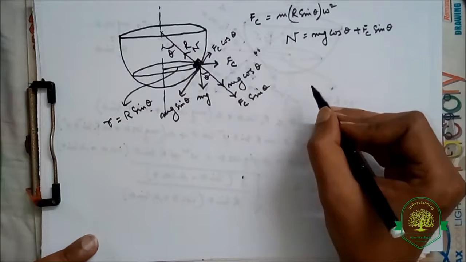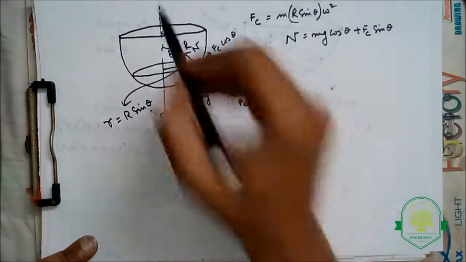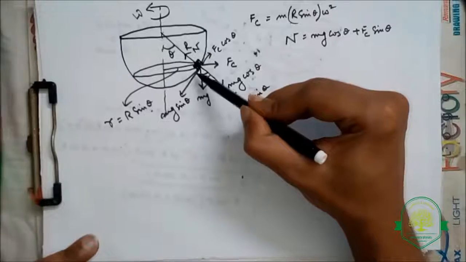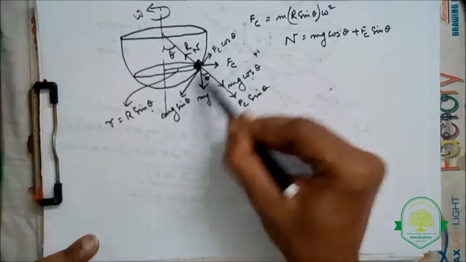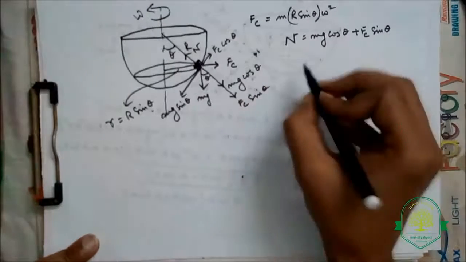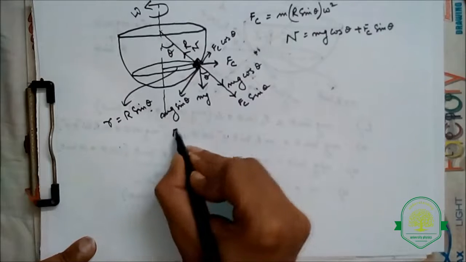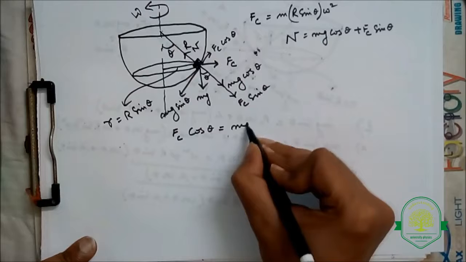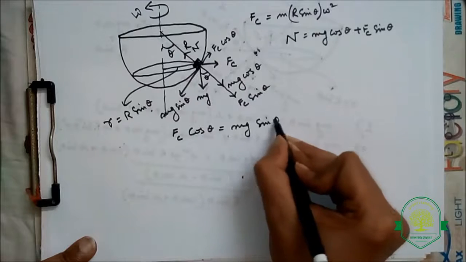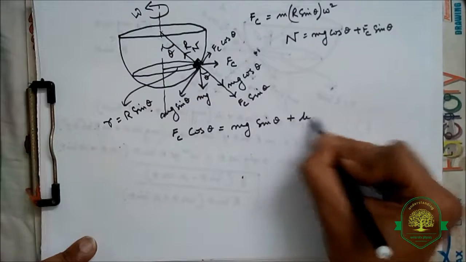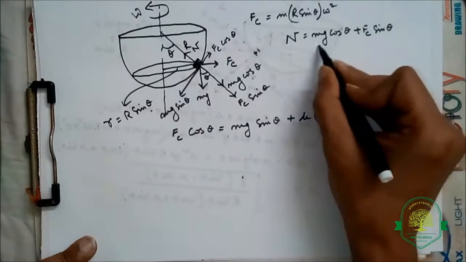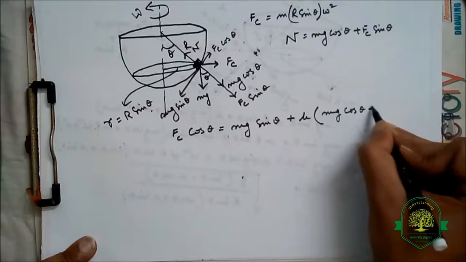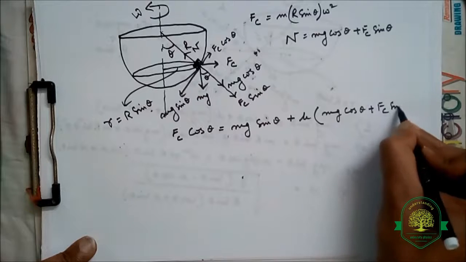And in our second case, if the value of omega is too high, the block will try to slide upwards and therefore friction will act in the downward direction. So our equation for equilibrium will be Fc cos theta equals mg sine theta plus frictional force, which is just mu times normal reaction, being this, mg cos theta plus Fc sine theta.